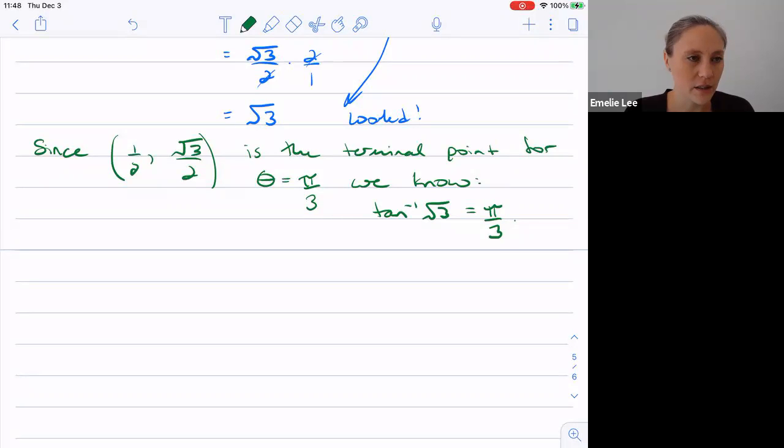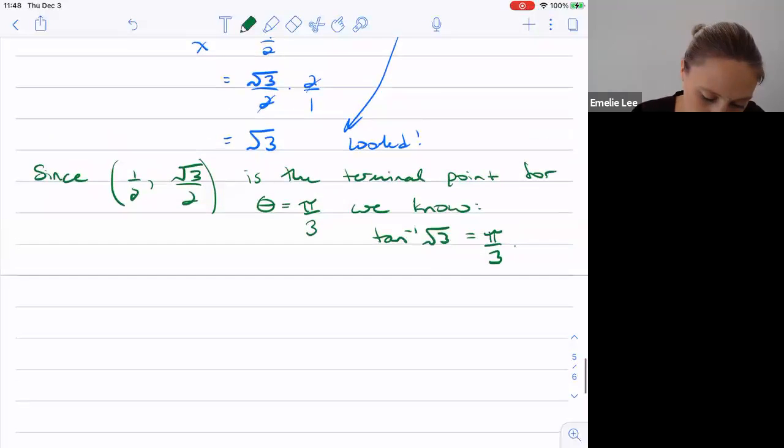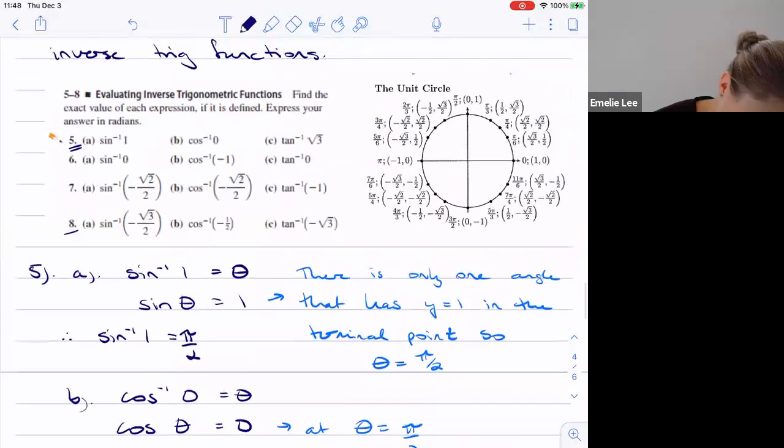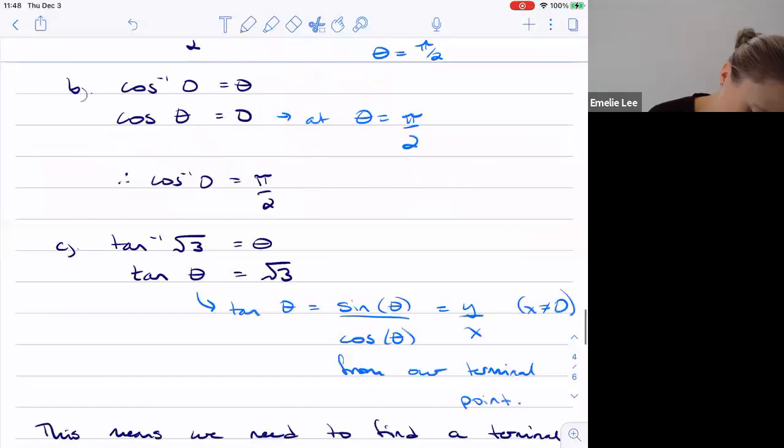Let's see here. Yeah. Let's do another one. Okay. We can do the last one here. In fact, I'm going to copy it over so I don't have to scroll around.